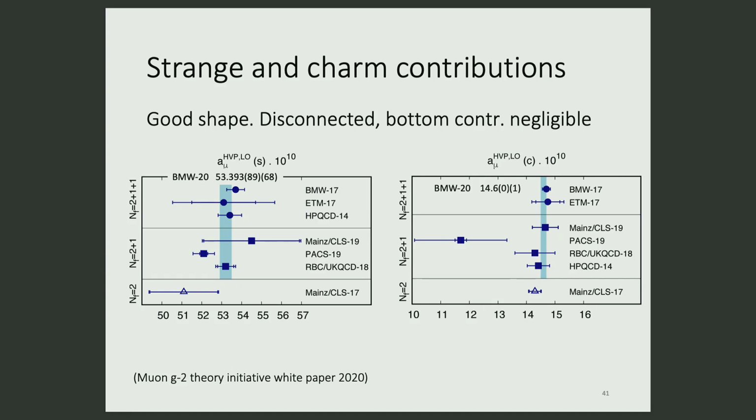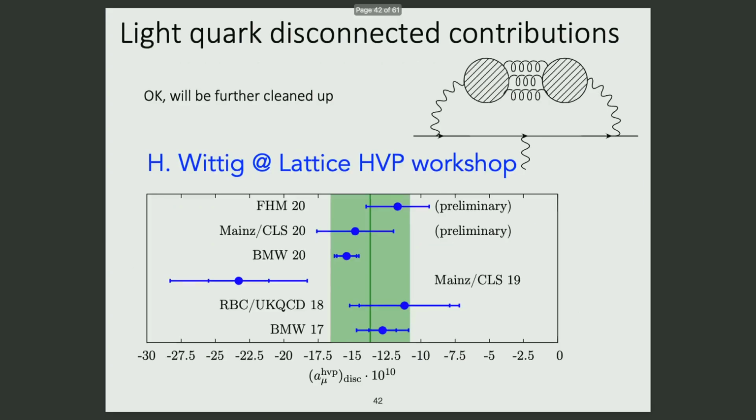These things will improve a little bit, but already they're almost at the precision we need ultimately. Disconnected, we need to do a better job, but that's happening by many collaborations, and that will happen. And you can see it's a small contribution with the opposite sign as the connected.